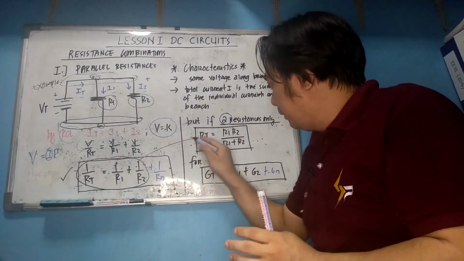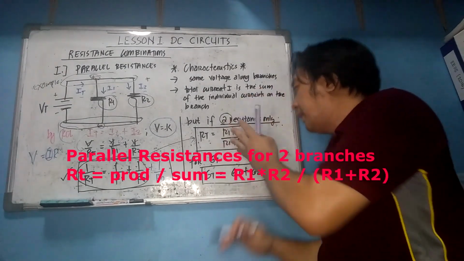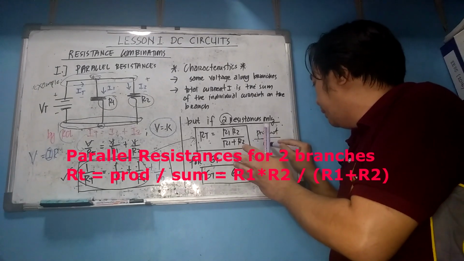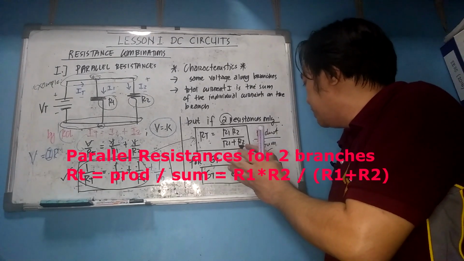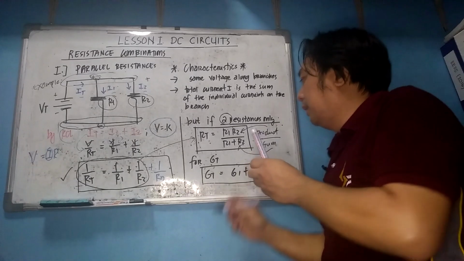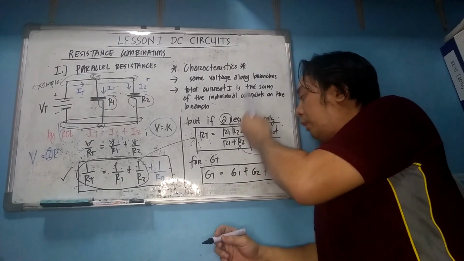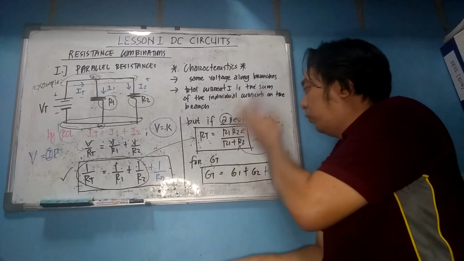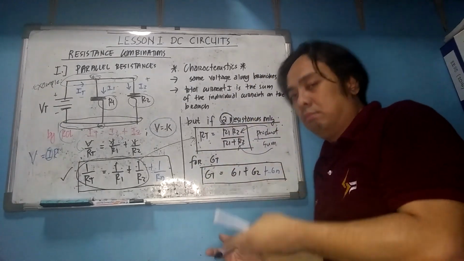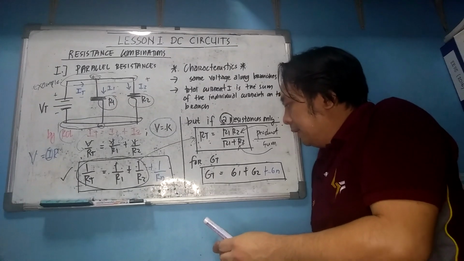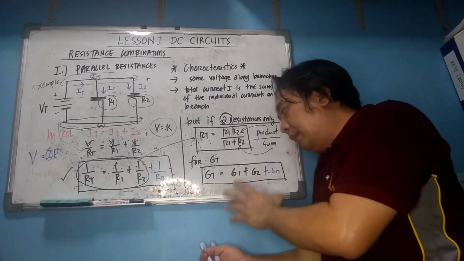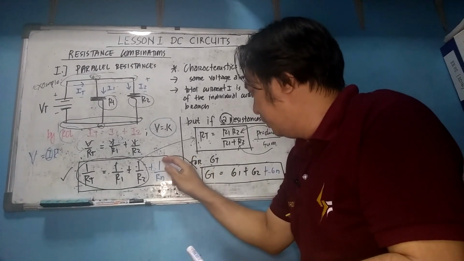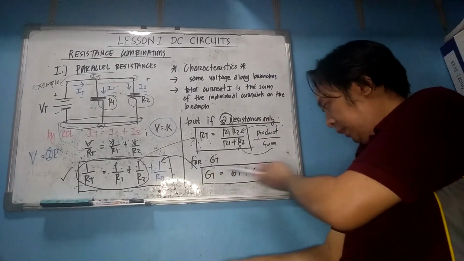It will eventually yield RT as product all over the sum. So this is the mnemonic here, product all over the sum of the 2 resistances. Okay, R1 times R2 over R1 plus R2, but please take note that this formula is only for 2 resistances.